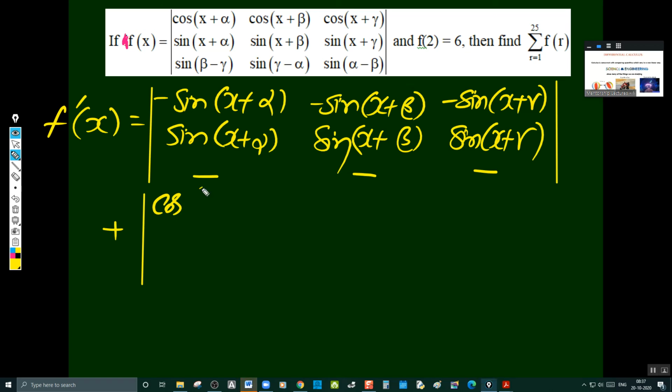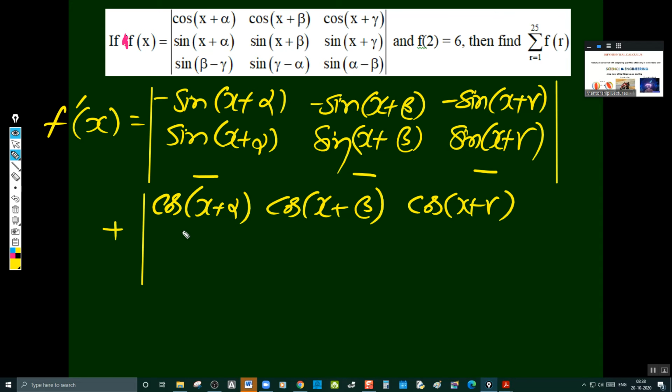Write the first row as it is, cos of x plus alpha, cos of x plus beta, cos of x plus gamma, and the derivative of the second row.